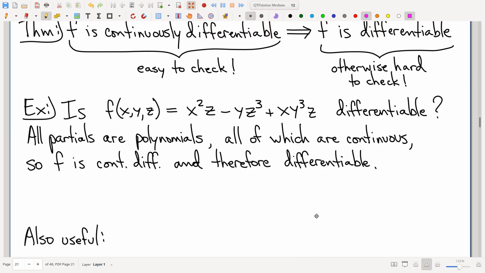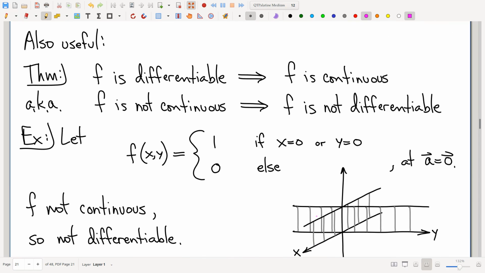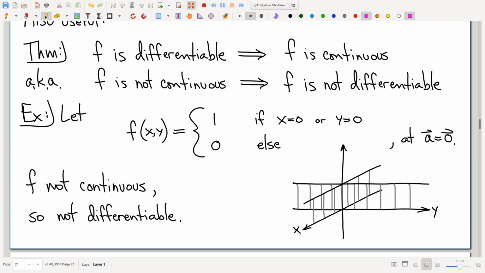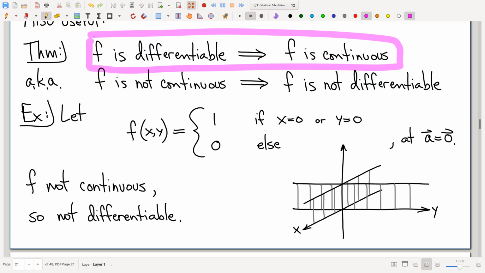Now one more thing I'll tell you about differentiability, and this is useful here and there. True fact, not going to prove it, but every differentiable function is continuous. I hope this is believable. There's a single variable version of this, so this is just sort of an extension of old news.